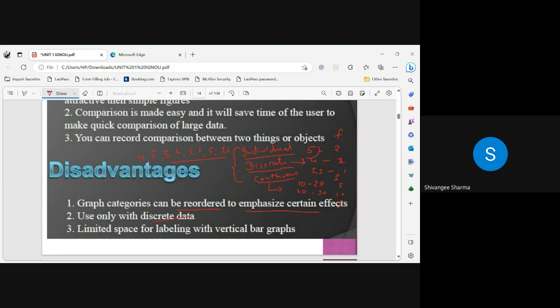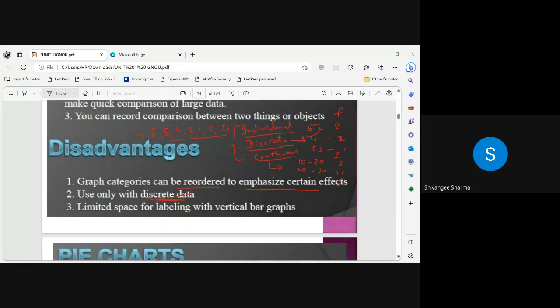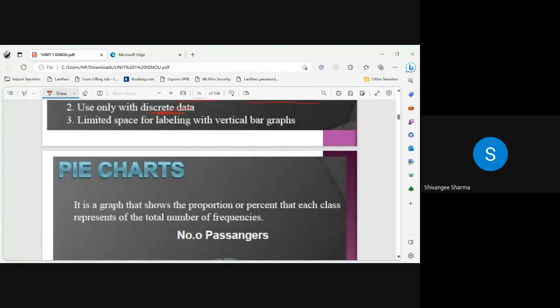We generally name them series also. This bar graph can only be used with a discrete or individual set of data, but not with a continuous set of data. So this is also a disadvantage of the bar graph.